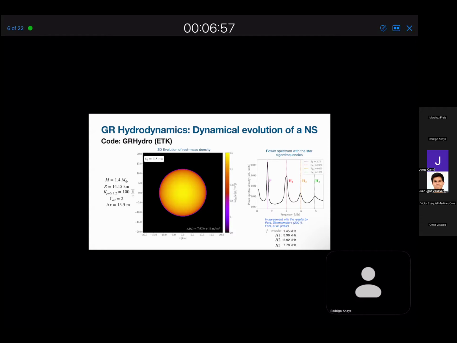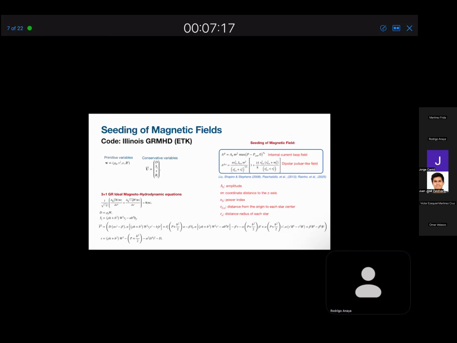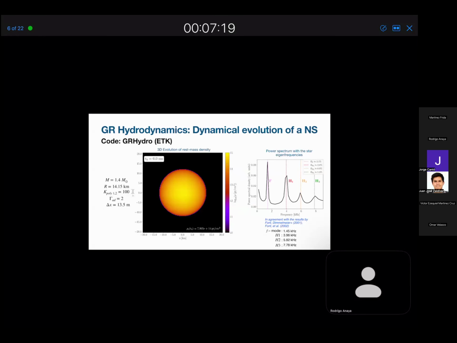For this, I use the GRHydro code contained within it. Now the same single neutron star I showed you, which was solved with my code in 1D, I evolve with this code in a 3D scenario. So, I'm going to play the video again.